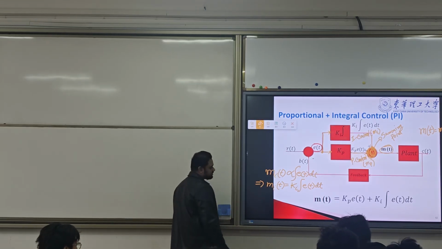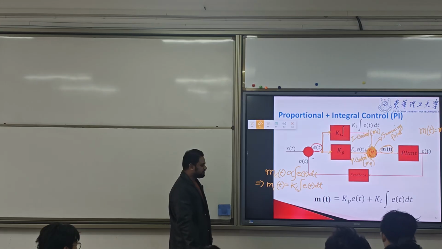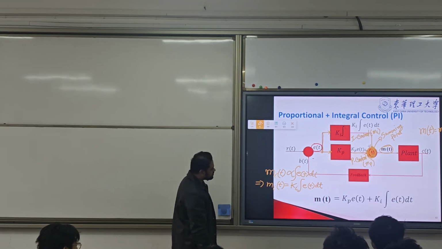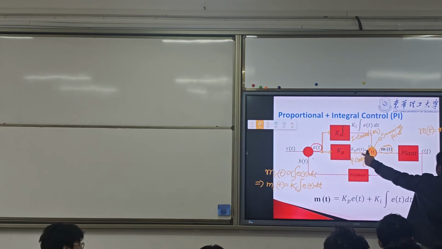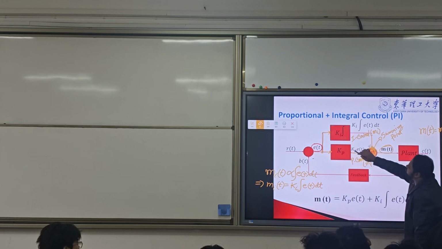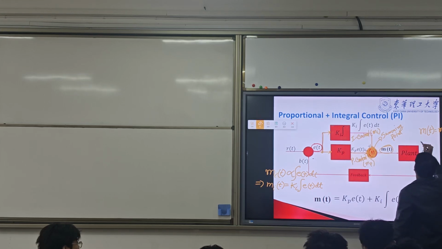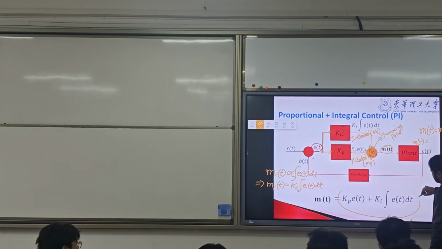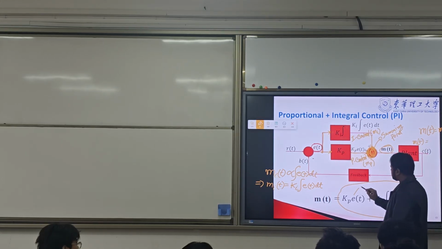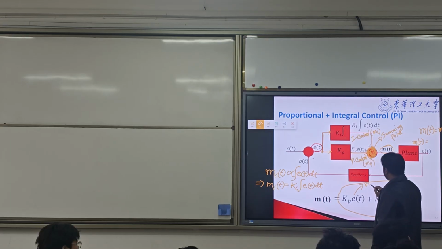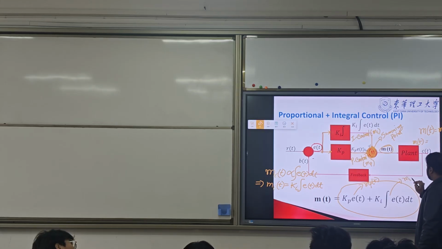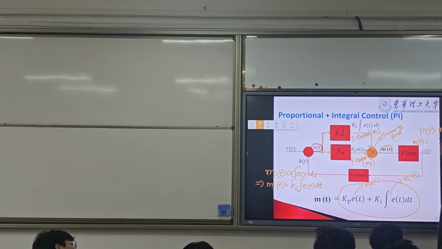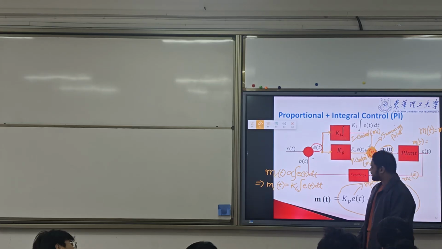I will show you the conversion later on. We already saw in the last slide that the proportional control output is Kp E(t). So together, M(t) is equal to MP(t) plus MI(t). Together we can write that.